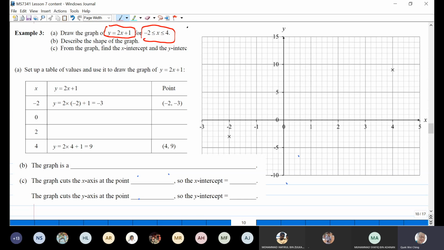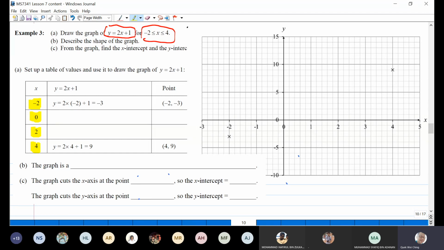Okay, so it gives you a range there. So how do you actually draw this straight line? Okay, you make a table, x from minus 2 to 4. So you can make a value table here, say x equal to minus 2, then 0, then 2, and 4, right? Every 2 units of x.